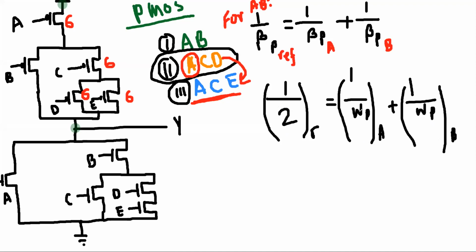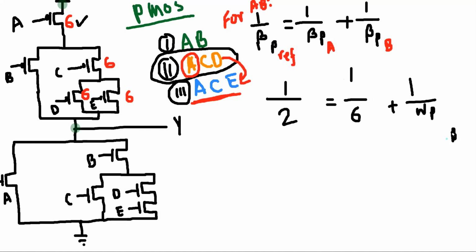What is the value of A? We already found out: 6. Can I write 6? Yes, sir. The only unknown is B, right? So can I take these over there? 1 over 2 minus 1 over 6 equals 1 over WP. This is for B, remember. So from here this will be 3 minus 1 over 6.